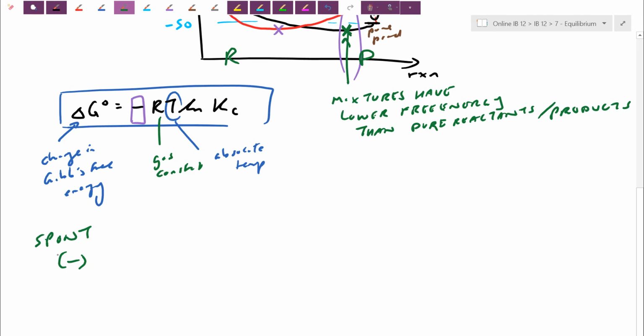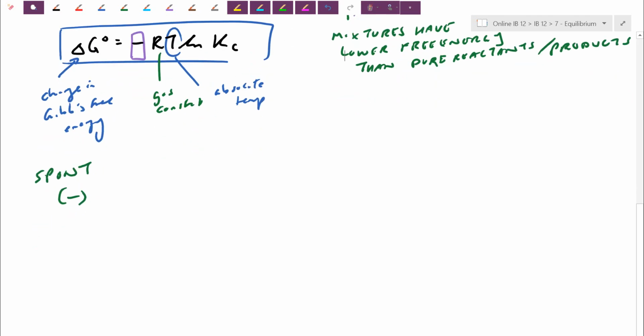The reaction will become more spontaneous, in fact, as we get a larger and larger K. So if, for example, I want a big negative delta G, right, a very spontaneous reaction, for this to be really, really large negative, what I actually want is I want the Kc to be very large. So mathematically then, that coincides with I want to have a very large Kc, a very large equilibrium constant.